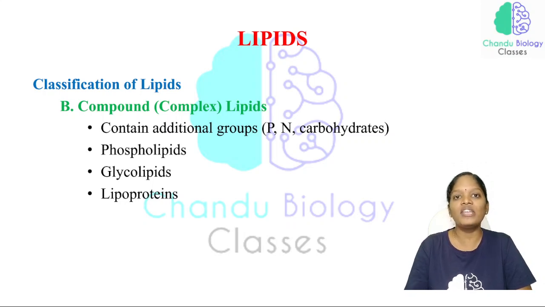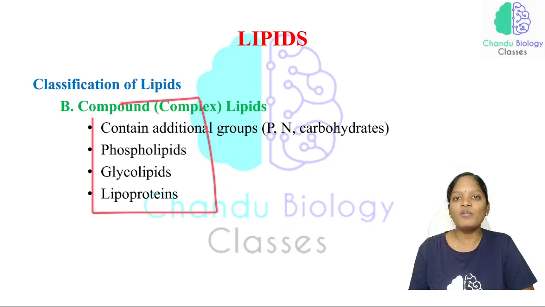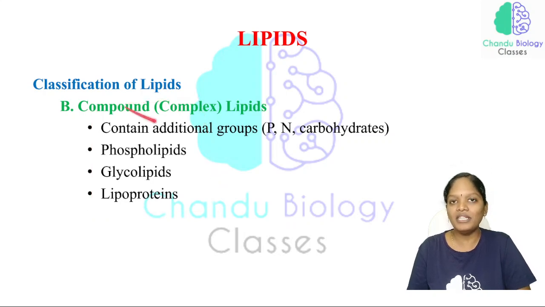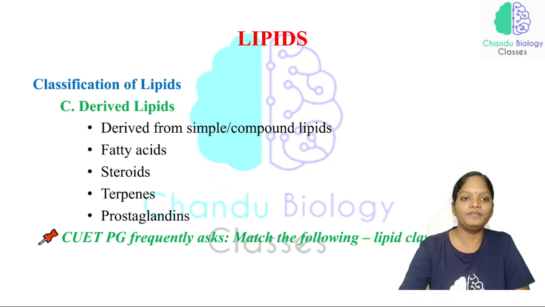If it is associated with other biomolecules, we call them compound lipids or complex lipids. They contain additional groups that may be phosphorus, nitrogen or carbohydrates. So phospholipids, glycolipids and lipoproteins, all of these are associated with some other biomolecule, so we have categorized them under the compound lipids.